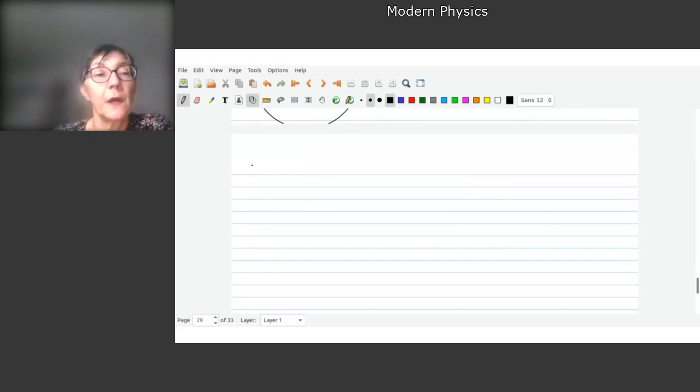So what about the energy? The energy is equal to minus 1/2 of mv square.